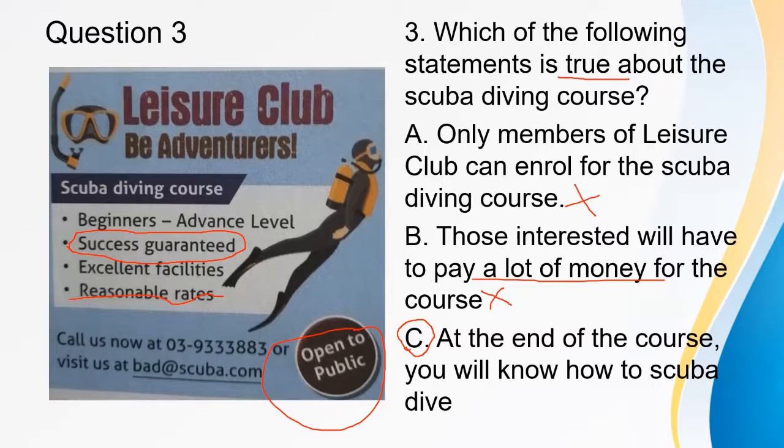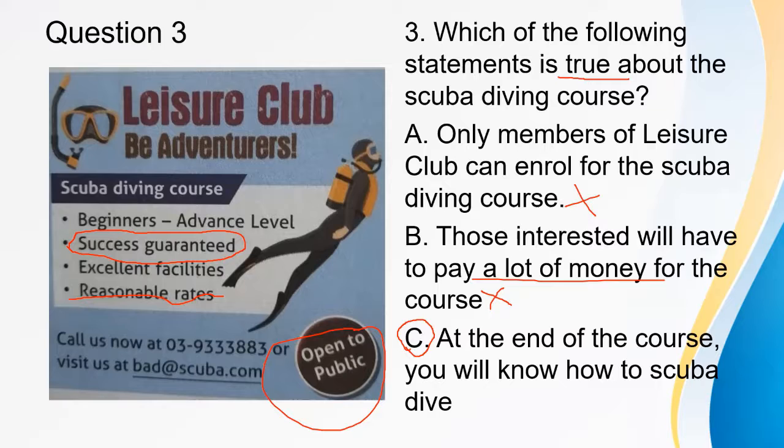What does success guarantee mean? It means those signing up for the course will be able to scuba dive upon completing the course. Once you complete the course, you will be able to scuba dive. They guarantee you; they teach you until you know.